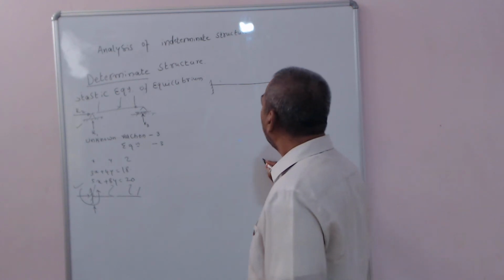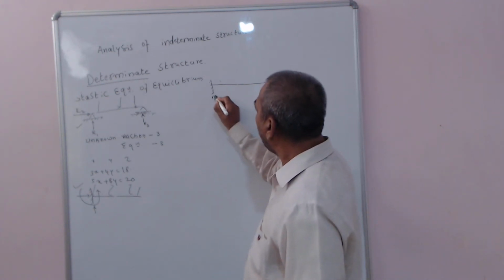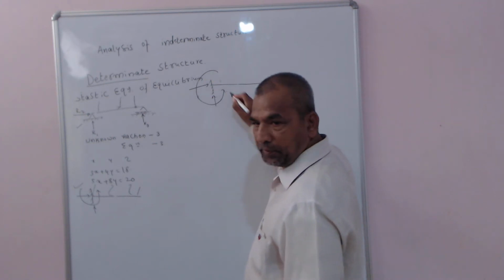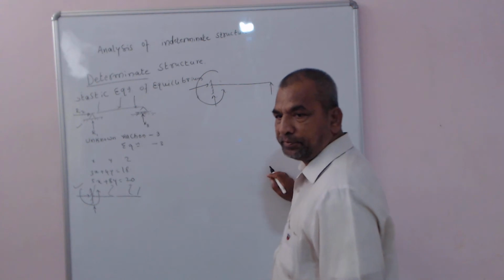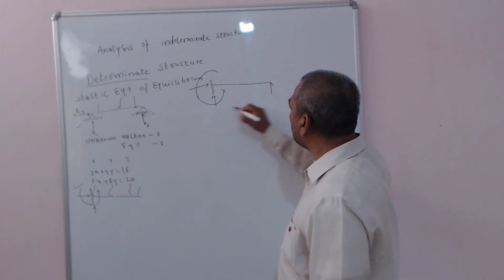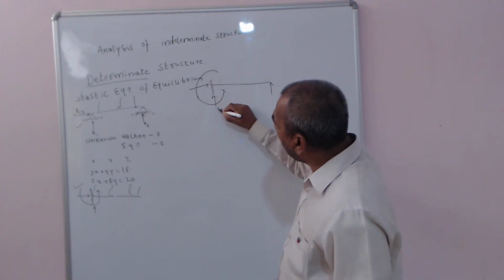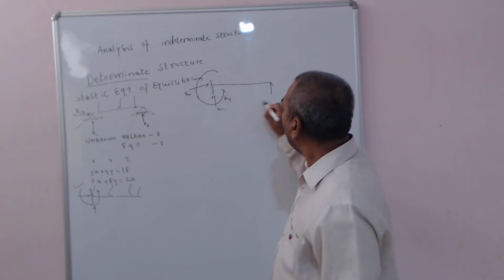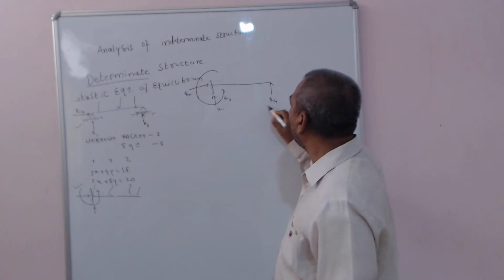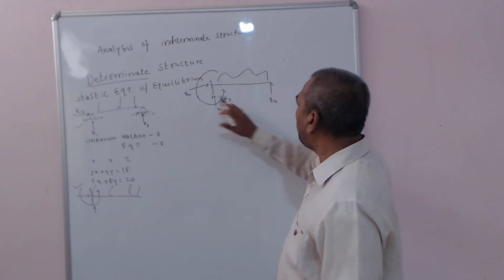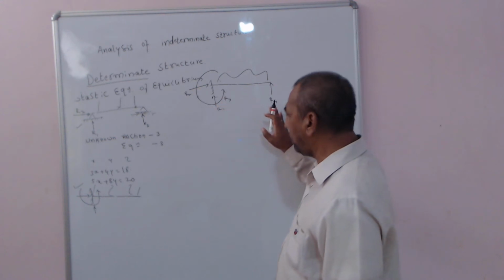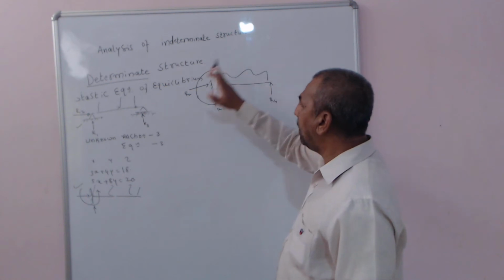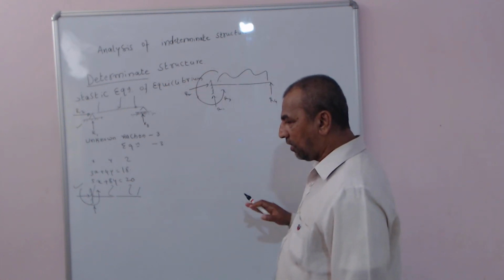Here 1, 2, 3 unknowns, and this is the fourth one: R1, R2, R3, and the fourth unknown is R4. Depending upon the load, the values of R1, R2, R3 will change. Can you calculate all these reactions for a given load system or not?